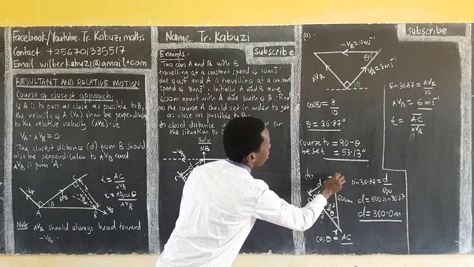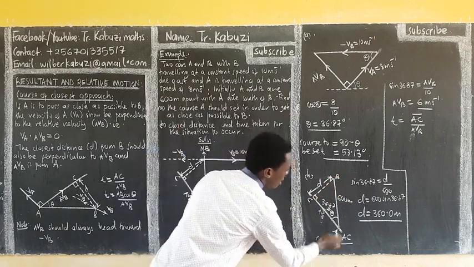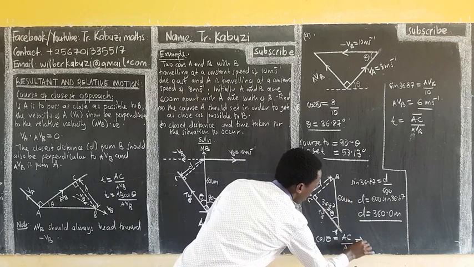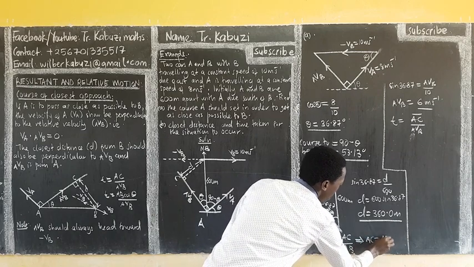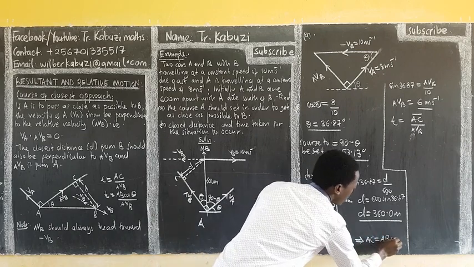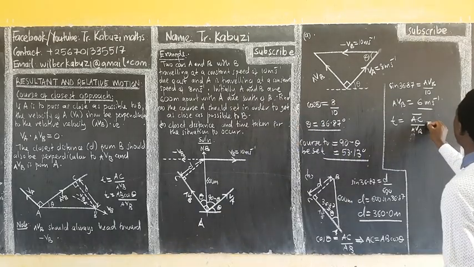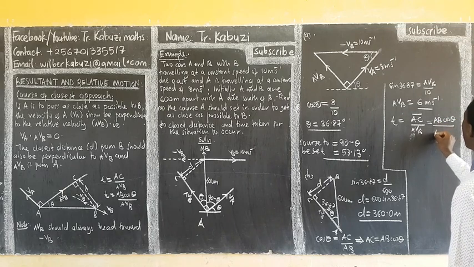Remember, this is our B. Yeah, this is our B. Over adjacent over AB. So which implies that now my SC is going to be AB, then cos theta. As you can see, this is going to be AB cos theta all over AB.